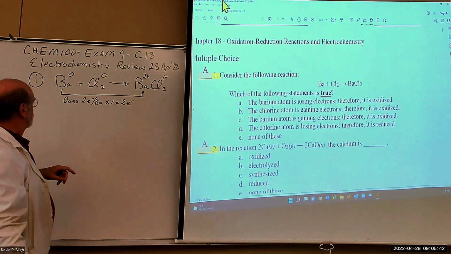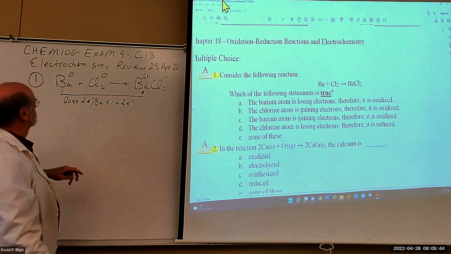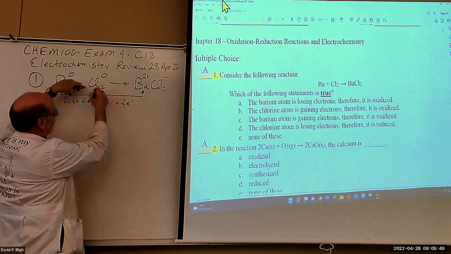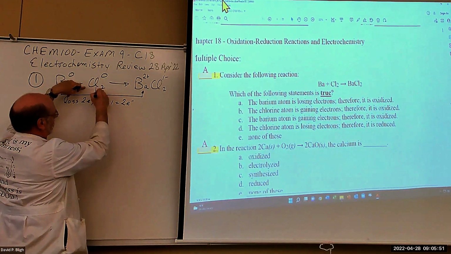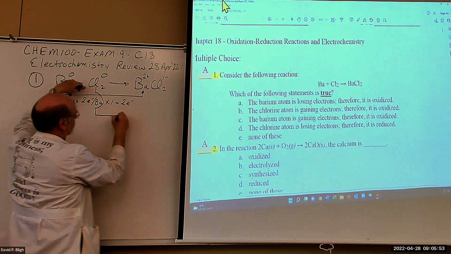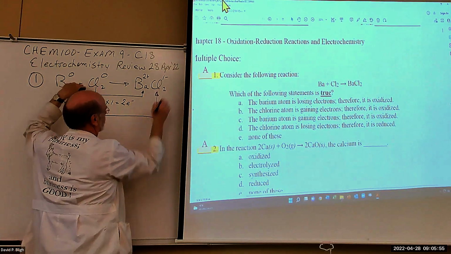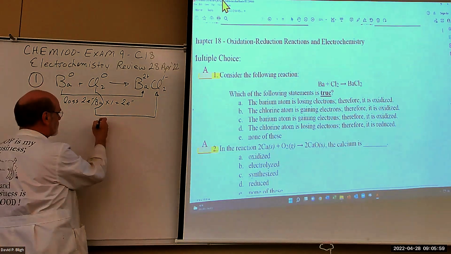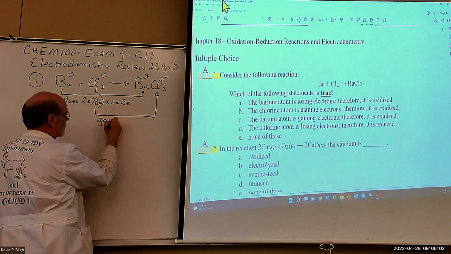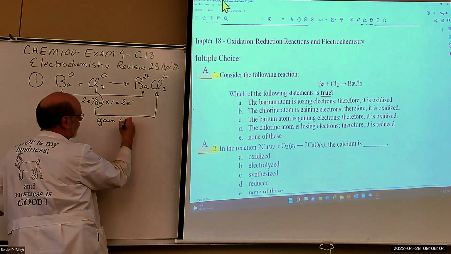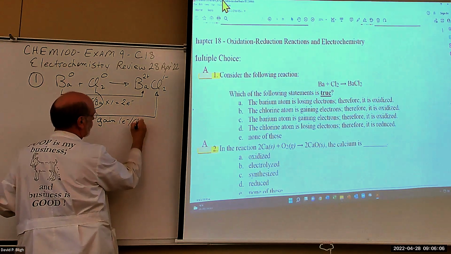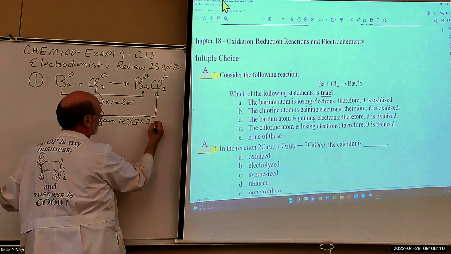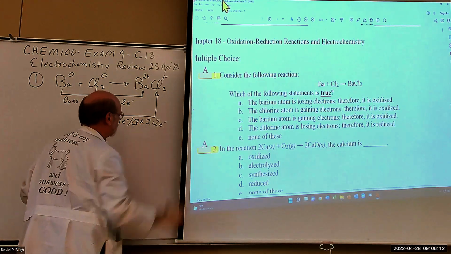I need to leave myself room up here. So this one, chlorine has to gain electrons. It gained 1 electron per chlorine atom times 2 equals 2 electrons.